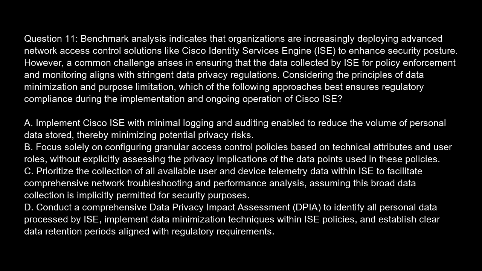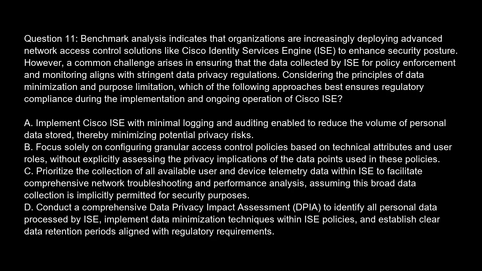Option A. Implement Cisco ISE with minimal logging and auditing enabled to reduce the volume of personal data stored, thereby minimizing potential privacy risks. Option B. Focus solely on configuring granular access control policies based on technical attributes and user roles, without explicitly assessing the privacy implications of the data points used in these policies.